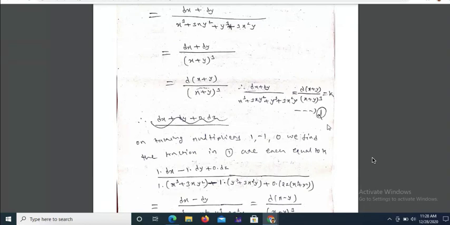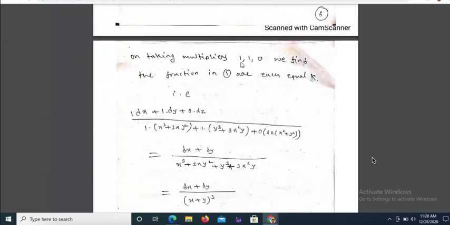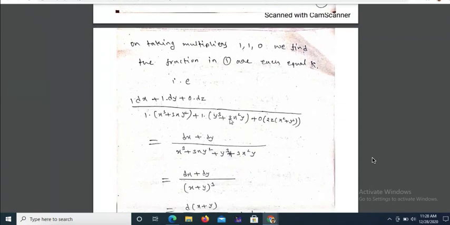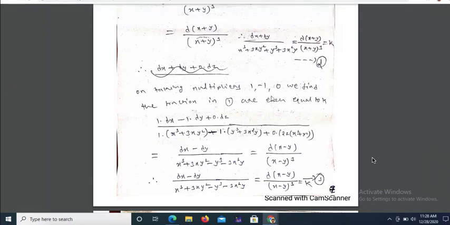Now the second type of multipliers. The same multipliers I'm not using. The first type, I chose 1, 1, 0, which we can reduce to this form. Now I select other multipliers: 1, minus 1, 0. There is no shortcut or any other method by which you can select 1, 1, 0 or 1, minus 1, 0 as multipliers.